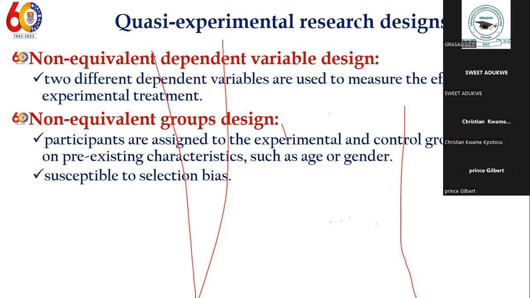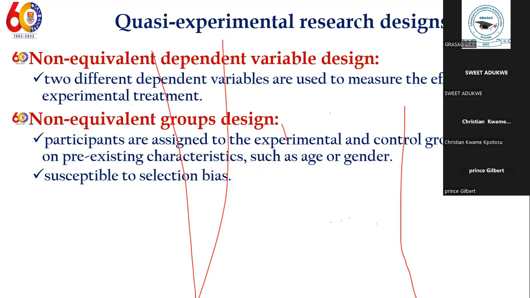In as much as we look at the true experimental, in that case we don't look at the characteristics of an individual before we put them into either a control or an experimental group. In the non-equivalent quasi-experimental design, there is that issue about looking at the characteristics of an individual before we know whether you'll be placed into a control or experimental group.